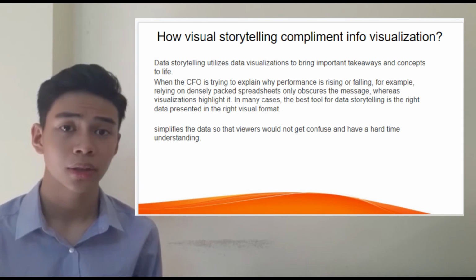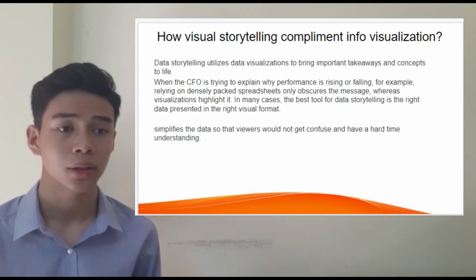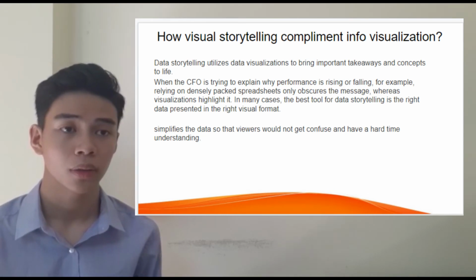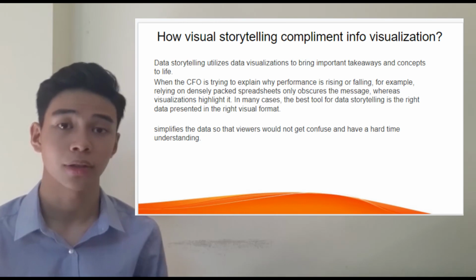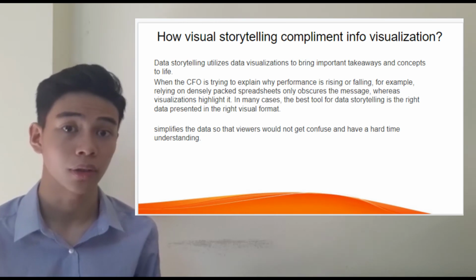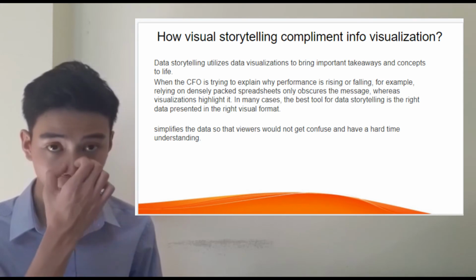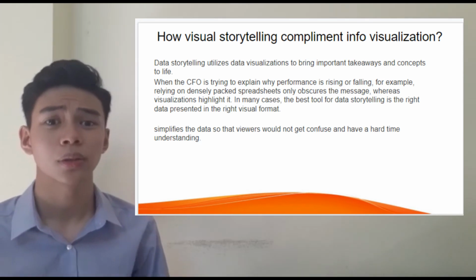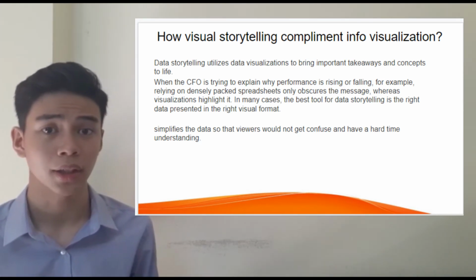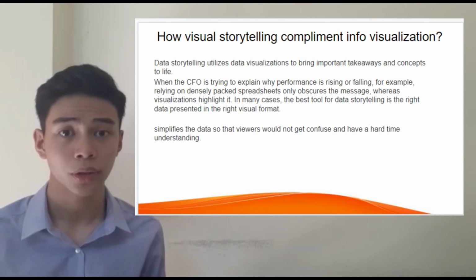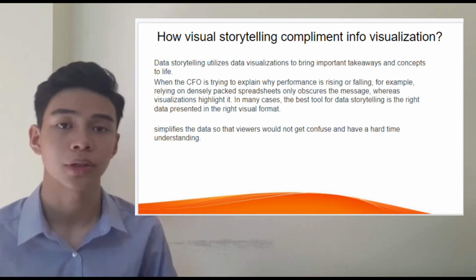In many cases, the best tool for visual storytelling is the right data used in the right visual form. It also simplifies the data. A story is worth 1,000 pictures. What does that mean?